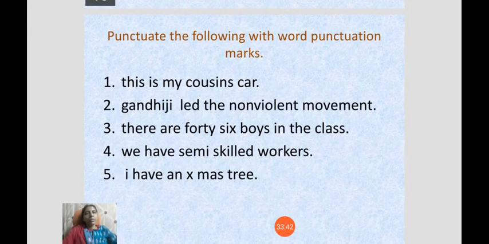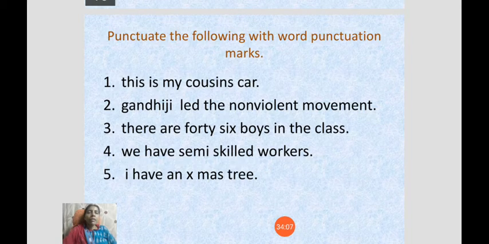Now, punctuate the following with word punctuation marks. So till now you have learned how to use punctuation marks.